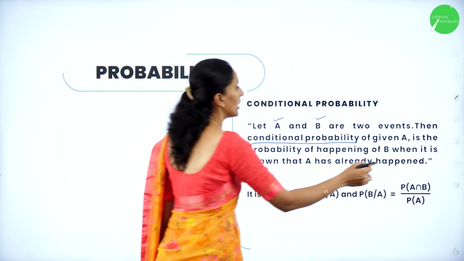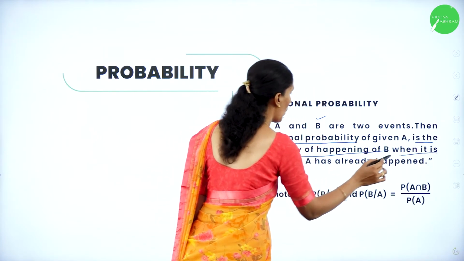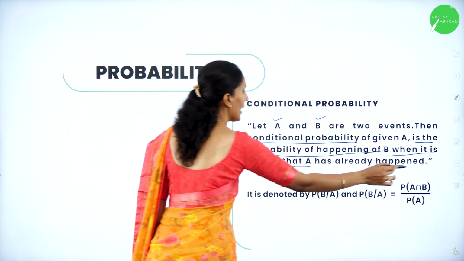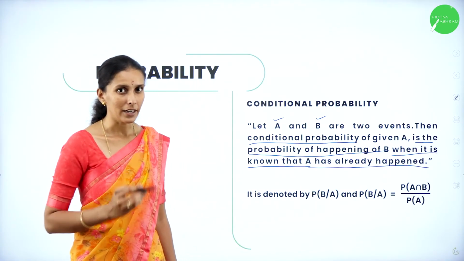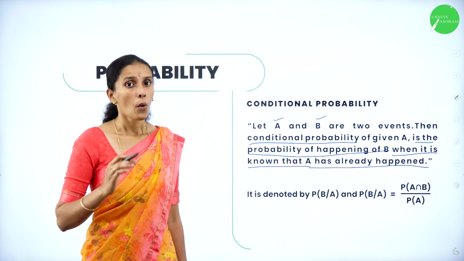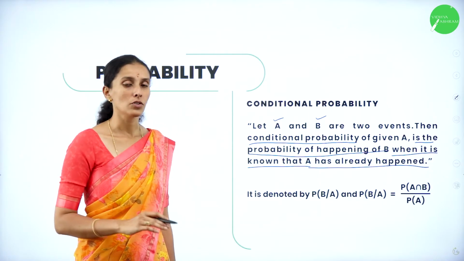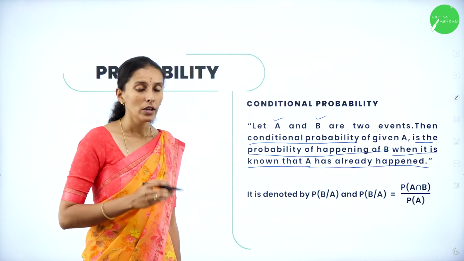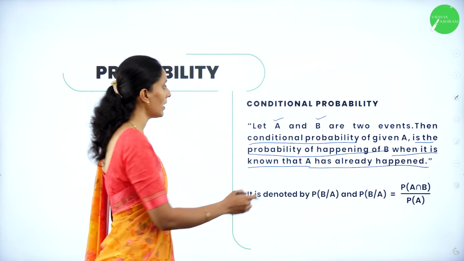That is, it is the probability of B happening when it is known that A has already happened. It is the probability of an event B when the occurrence of A has already happened. So the first event is known, and what is going to happen for the second event is conditional probability.